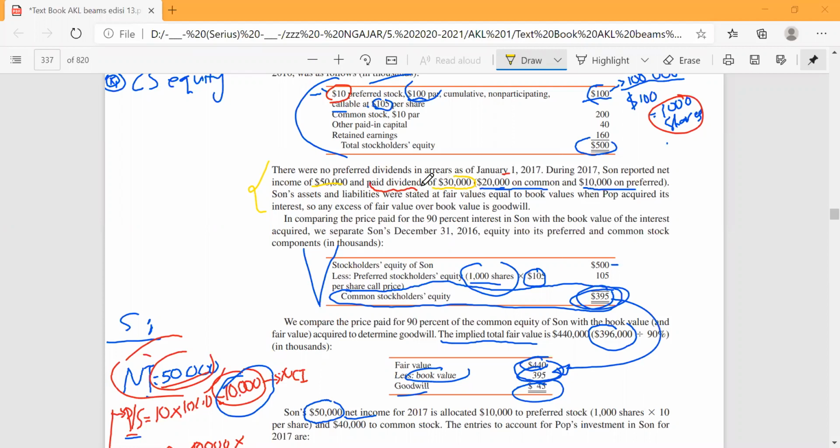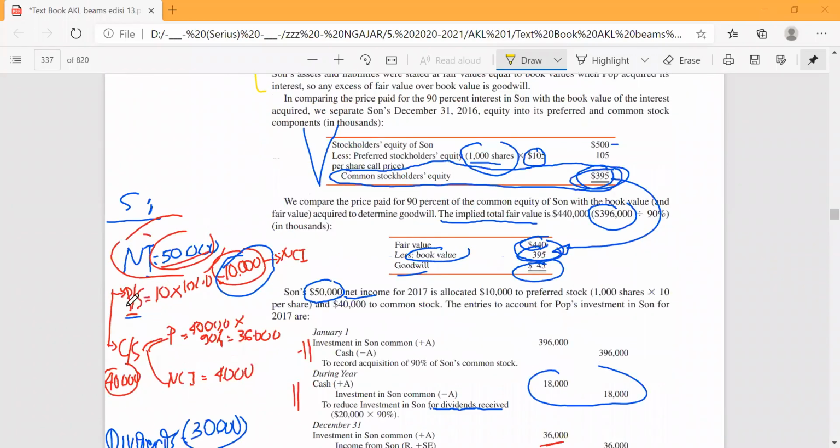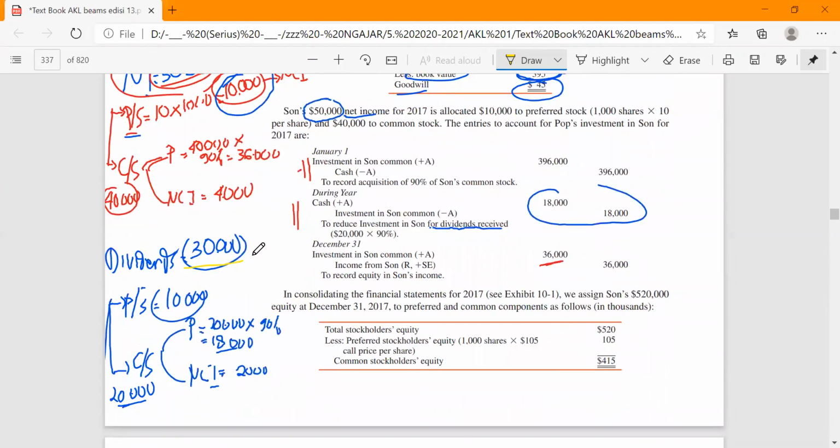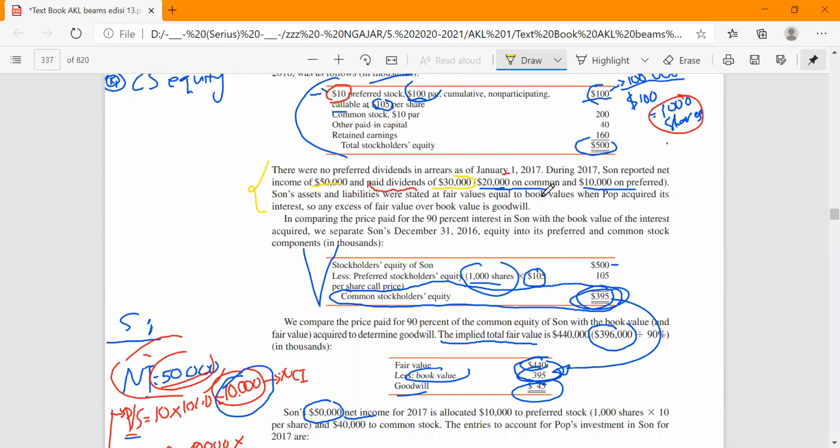And the next step is we have to do the same analysis as we've done before for the net income, allocating how much to the preferred stockholders and how much to the common stockholders. The same goes for the analysis of the dividends. The total dividends, $30,000, are divided to the preferred stockholders and the common stockholders. As stated here, the preferred stockholders got 10,000 and the common stockholders get 20,000.